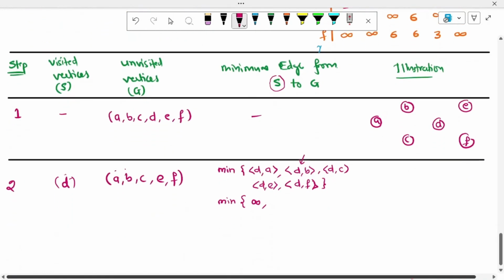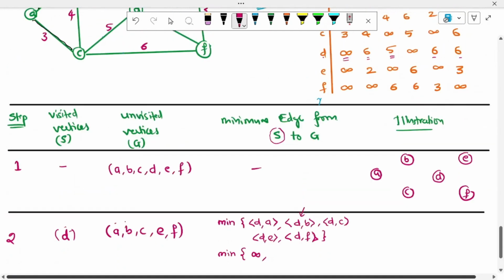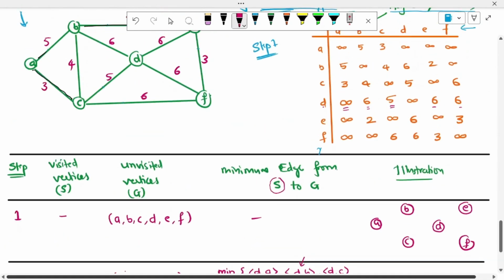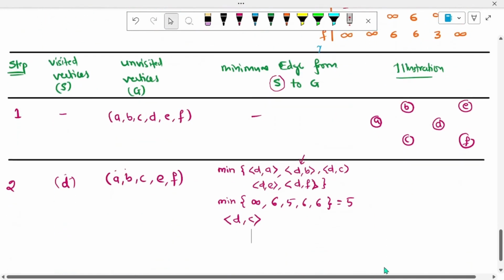So it will be 6, 5, 6, 6. Minimum of all these values is 5, and therefore I am going to choose one edge, that is D comma C, because that is the minimum possible edge.